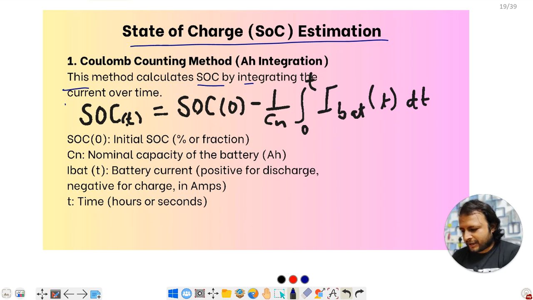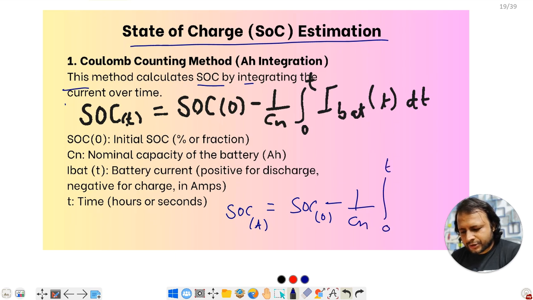See, I am writing it here: SOC with respect to time, SOC at 0, minus 1 upon Cn, and the integration sign, from where to where? From time 0 to t.